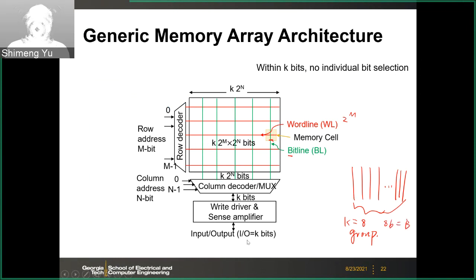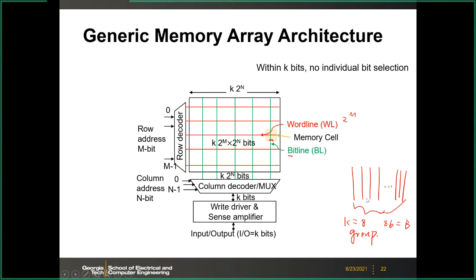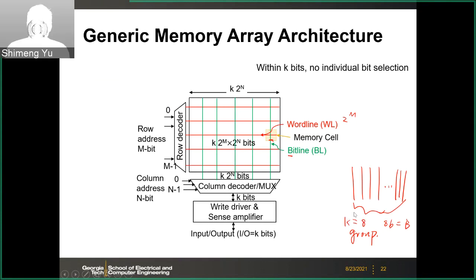If your I/O is just 1 byte, you will select a group of columns, in this case k bits, as one group. So every time you transfer the data in 1 byte, 8-bit fashion.